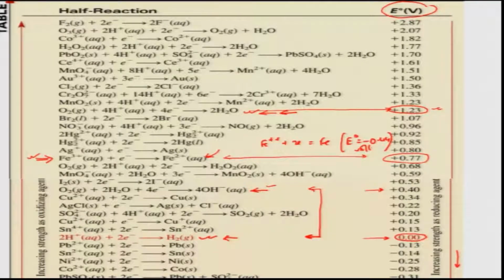If I write the Nernst equation, E equal to E0 plus RT/nF ln (a_ox/a_red), in this case this one and this one will always be 1 when we talk about standard reduction potential. So, for example, if I consider this particular situation, the activity of this and the activity of this will be 1, then only we can achieve this potential.